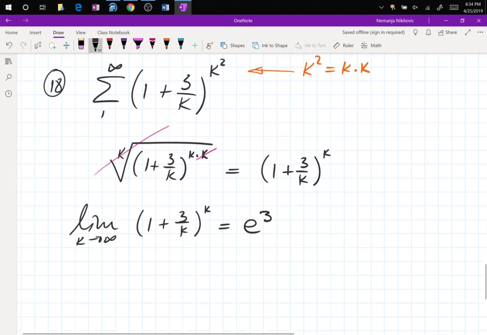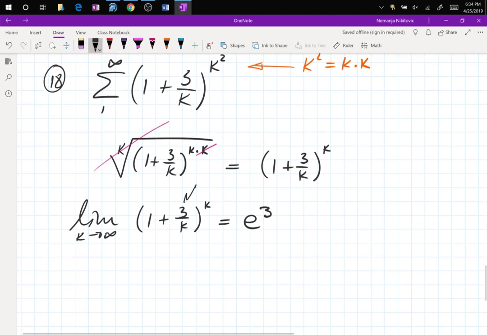You'll memorize it by placing an r instead of 3 and placing an r over here. E to the r. That's the way you should learn this one. What do we know about e cubed? Definitely bigger than 1, meaning divergence by root test.